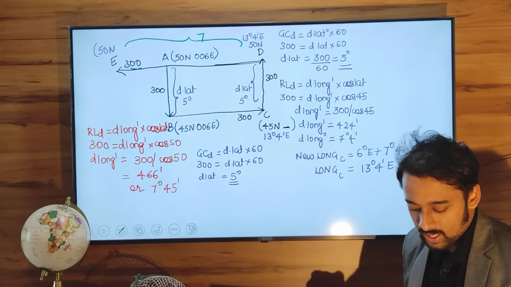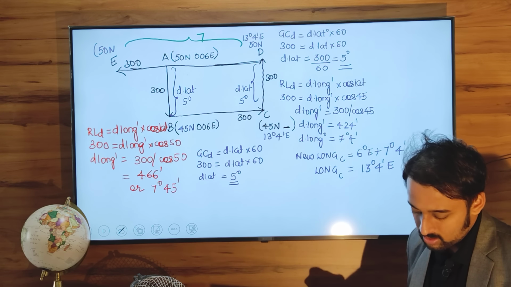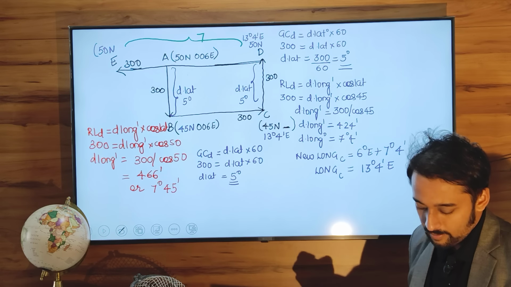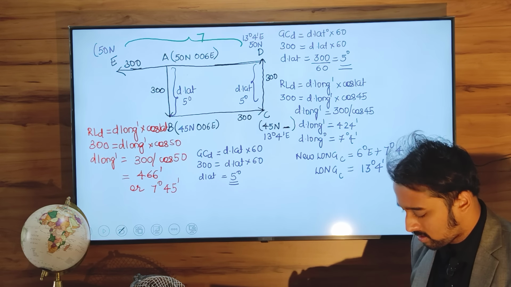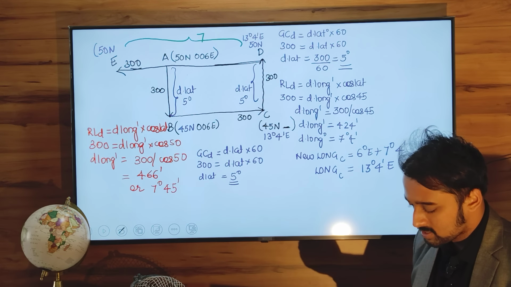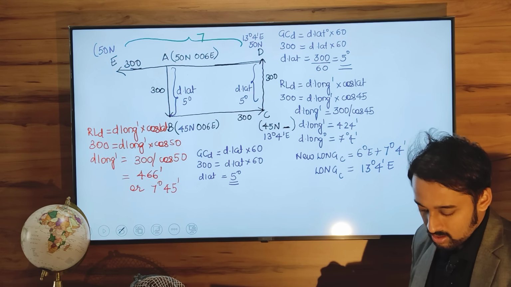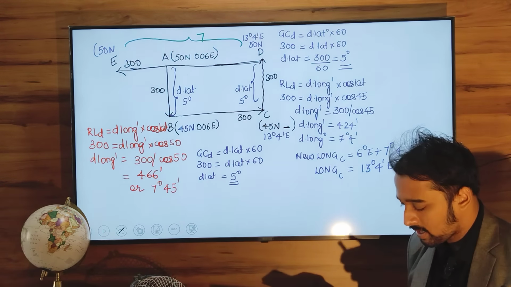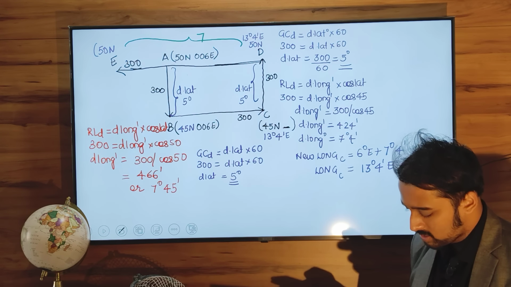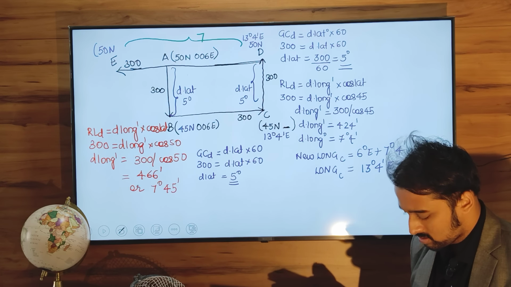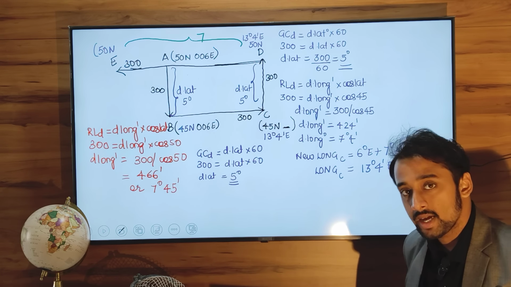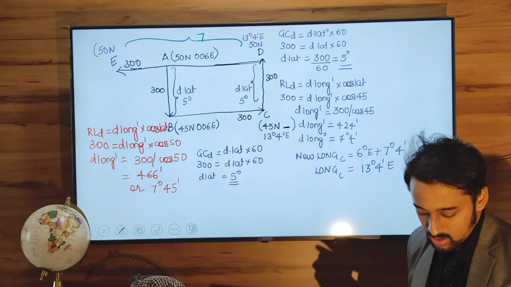So do it in your scientific calculator. 13 degree 4 minutes minus 7 degree 45 minutes, that is equal to how much? So 13 degree 4 minutes minus 7 degree 45 minutes equals 5 degree 19 minutes.